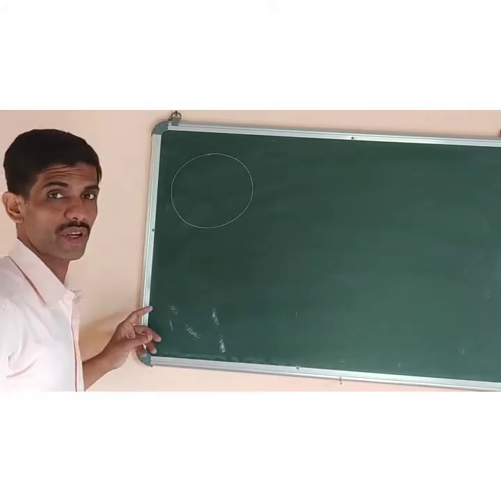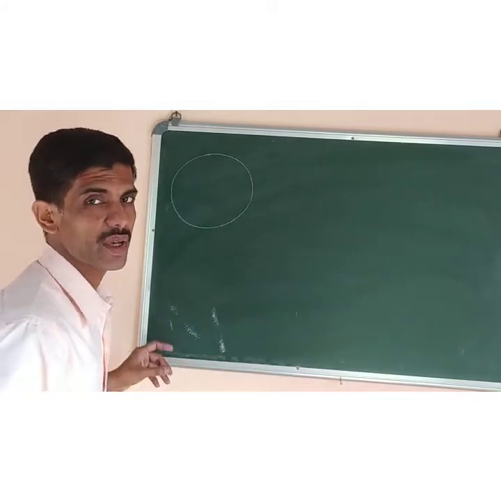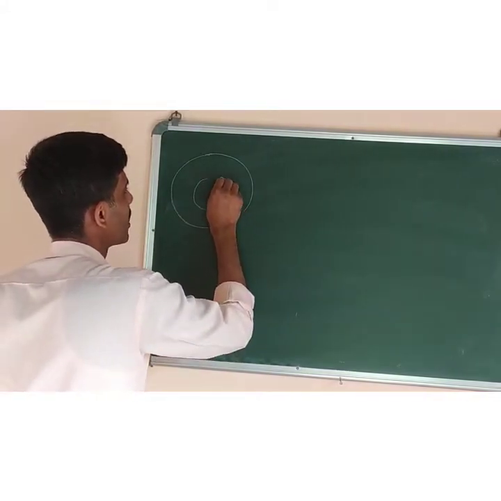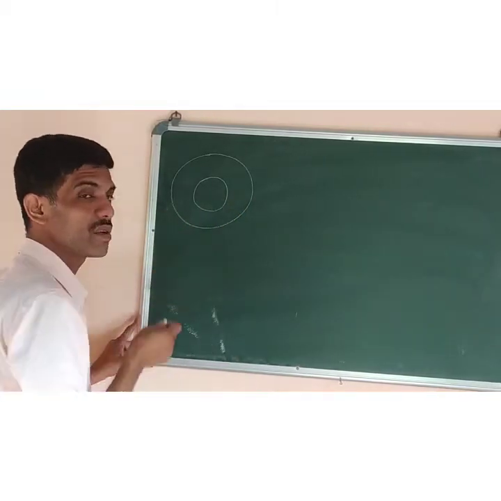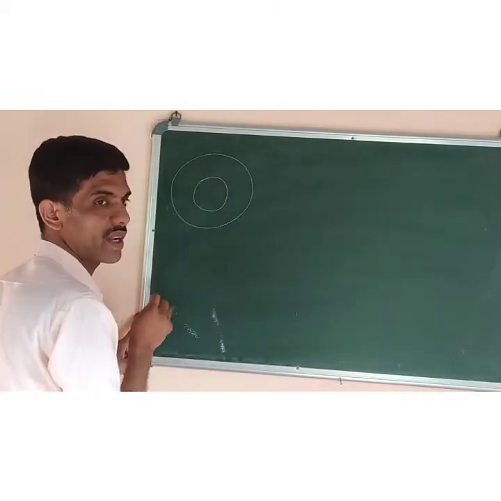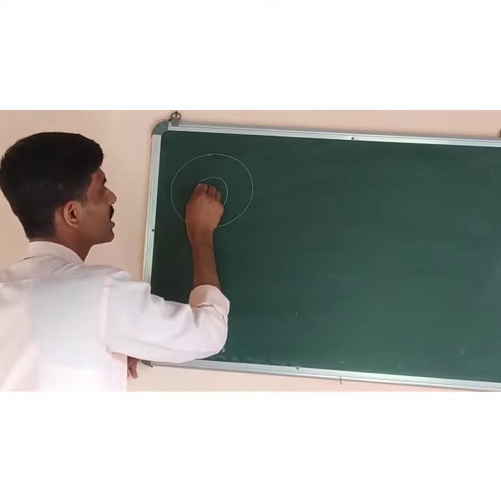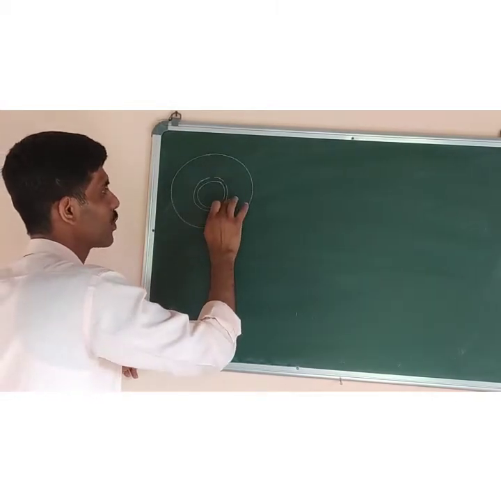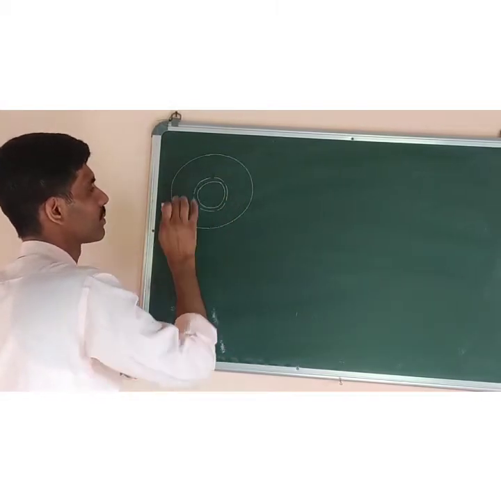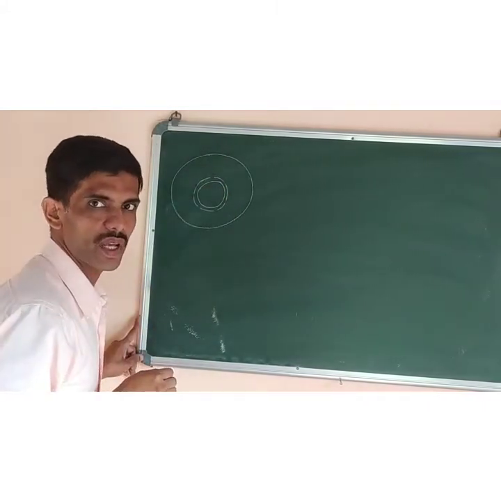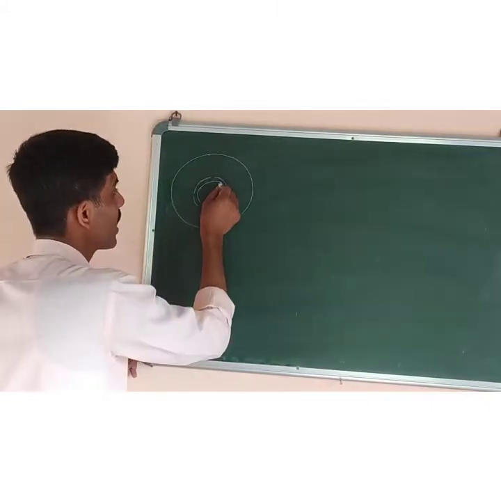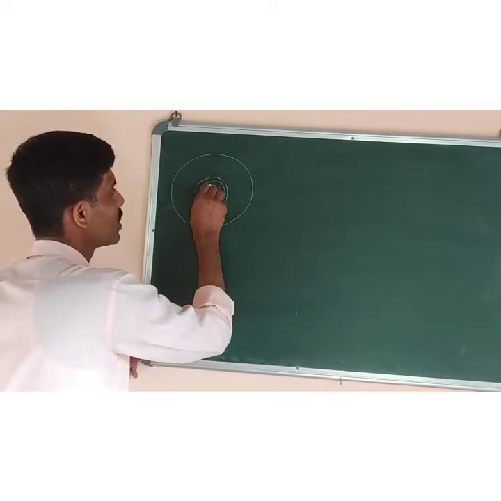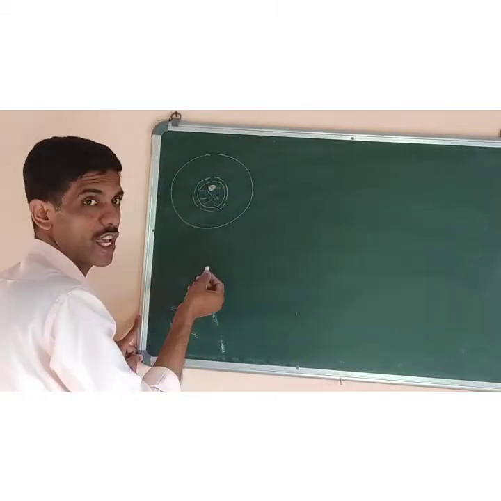This is the cell membrane, because animal cell outermost boundary is known as plasma membrane or cell membrane. Inside that cell membrane is the cytoplasm. Then we have the nuclear membrane, inside which the nucleus is present. This is the nucleus, this is the membrane. Membrane has pores. Alright? Now inside the nucleus, the genetic material or the chromatin network is present, like thread-like structure. And it also contains nucleolus, since it is an animal cell.